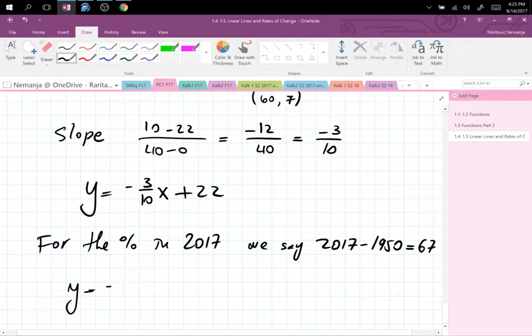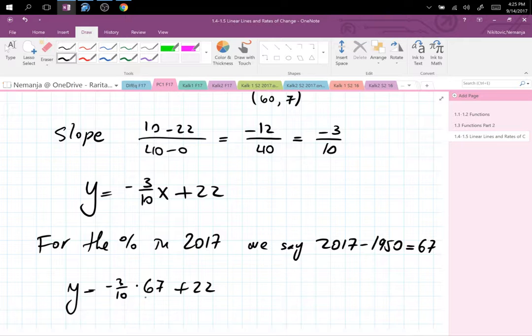So y equals negative 3 over 10 times 67 plus 22. This is going to give you a number. Right, so 180 plus 21, so that's 201.